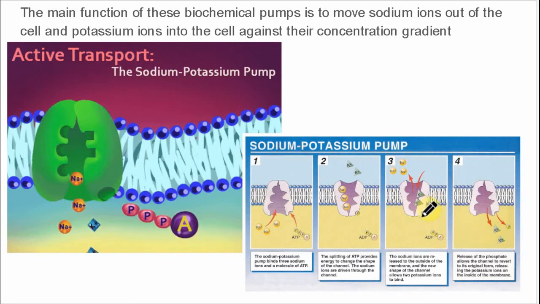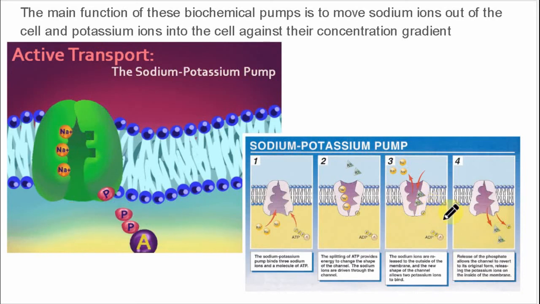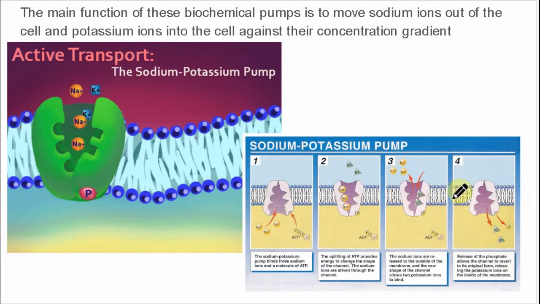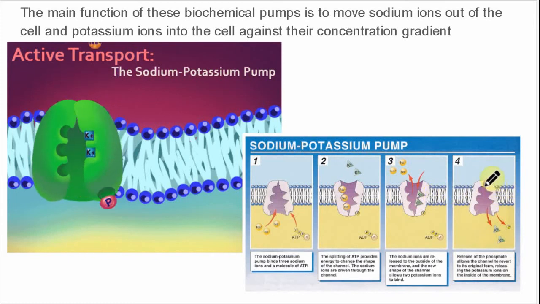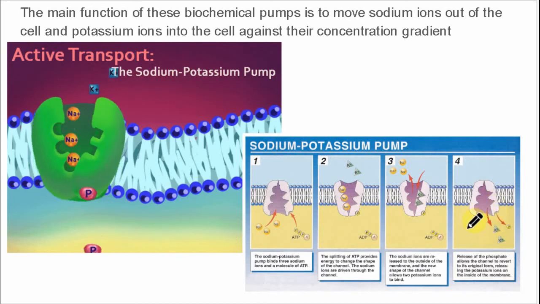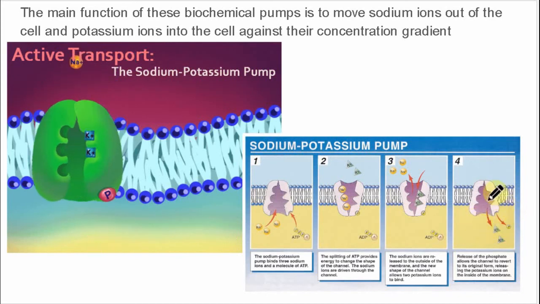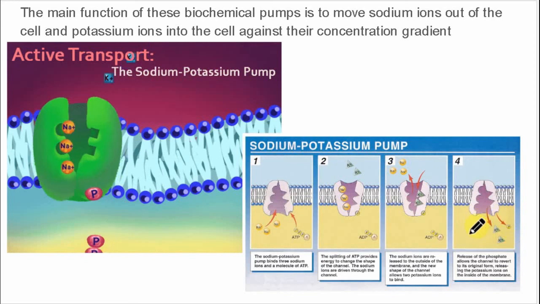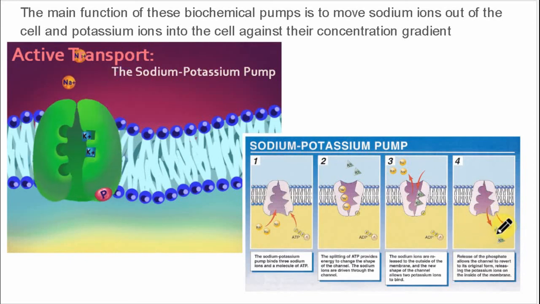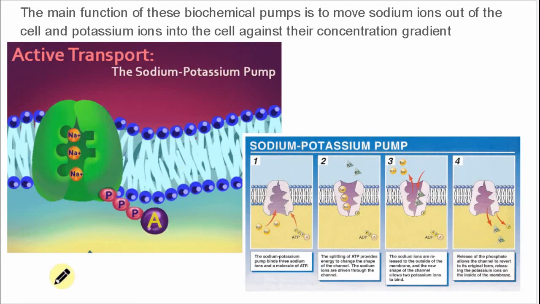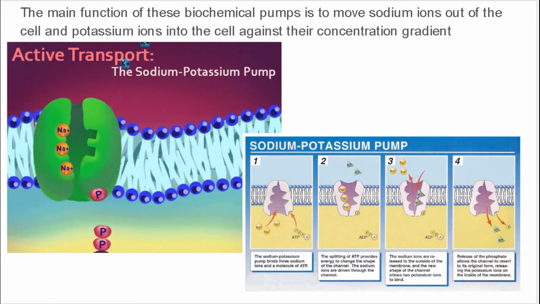That means the phosphate group will be eliminated, and again it will cause a conformational change, and the opening will go back to the inner portion, and this will lead to the potassium ions being released inside the cell. The same process will be repeated again and again.